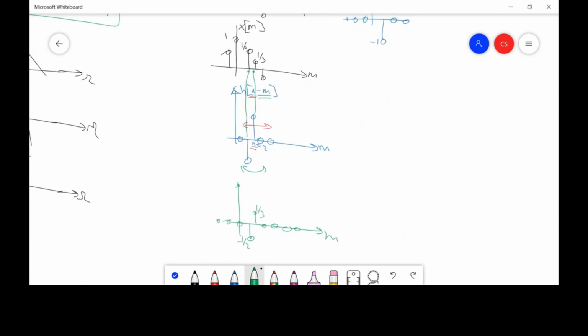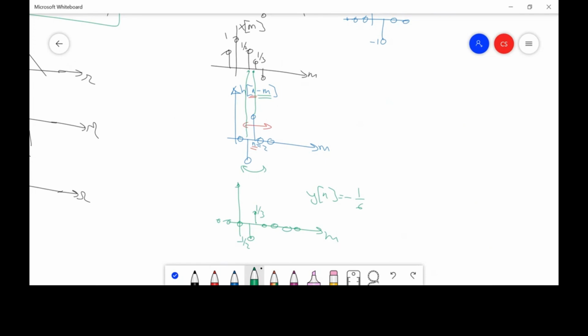And then you have to add those two. So y then is the sum from minus infinity to infinity of all these numbers. But there are a lot of zeros except 2. So that is minus 1/6.